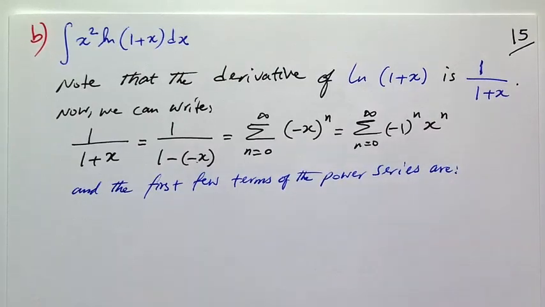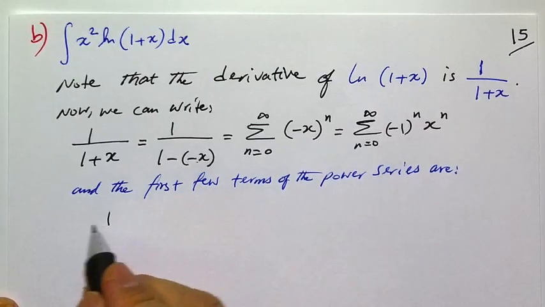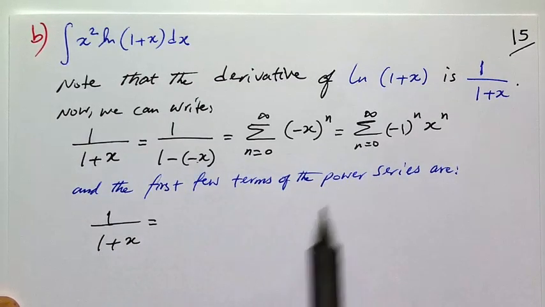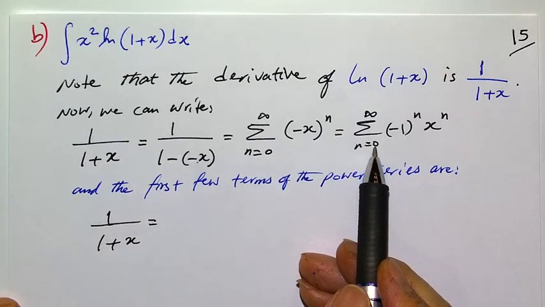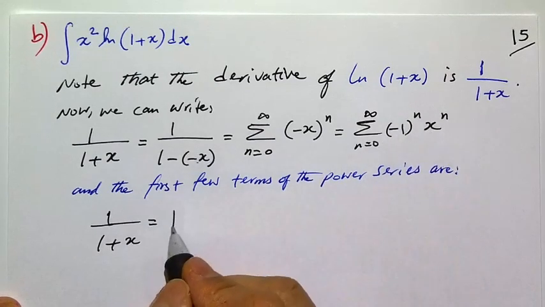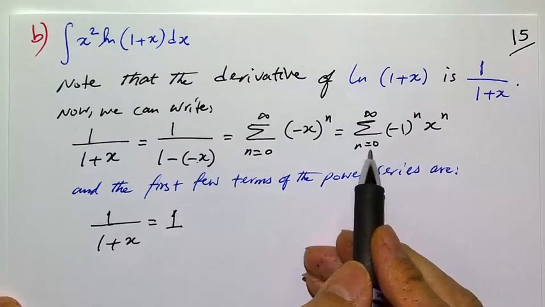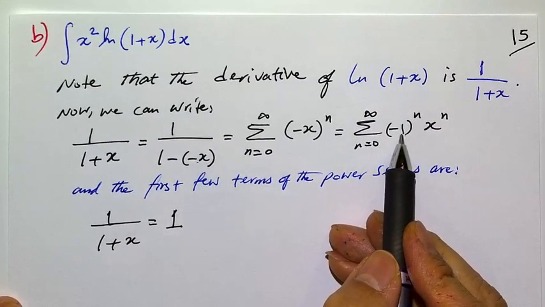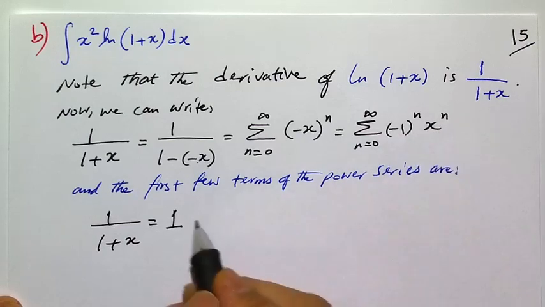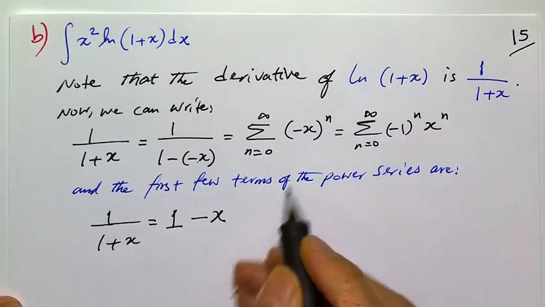So we have 1 over 1 plus x is equal to, for n equals 0, this becomes just 1. For n equals 1, we get minus x.